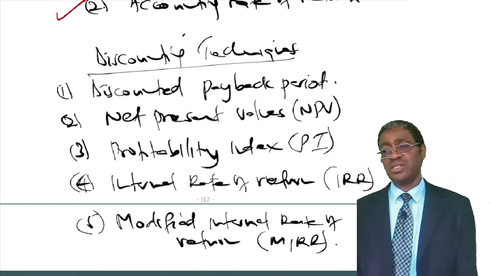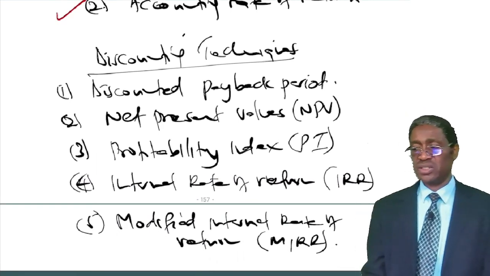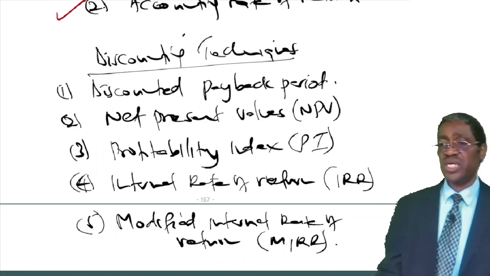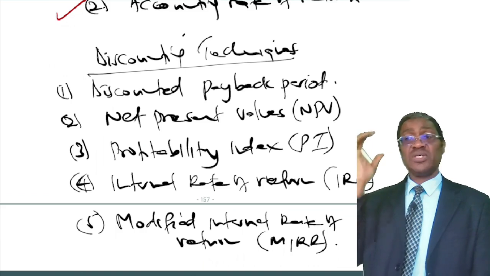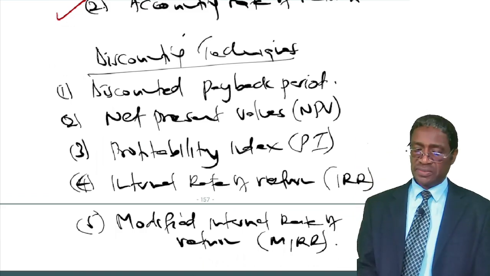Then you go have another subheading, discounting techniques. Again, before you copy the 5 methods, I want to say something below that.